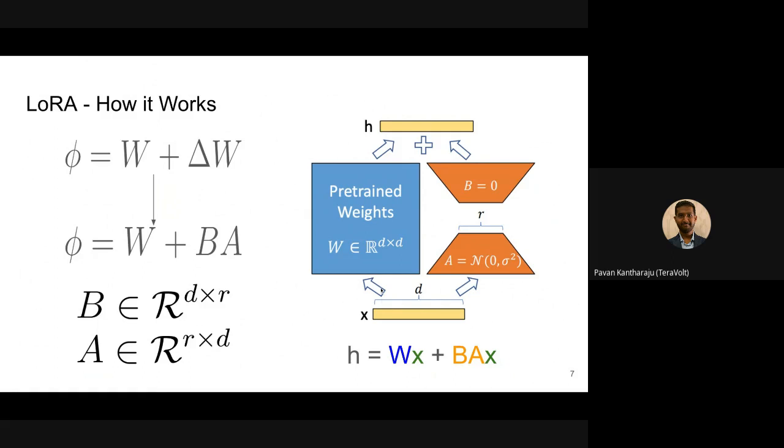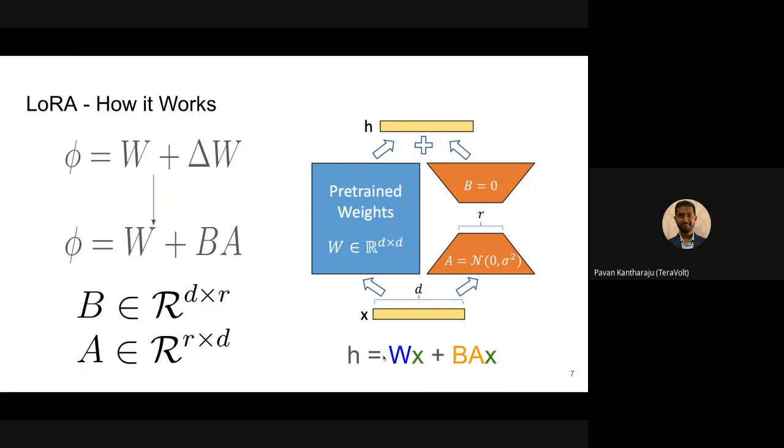Whenever you have a set of pre-trained weights you want to add LoRA to, you keep those pre-trained weights static, and then you add these matrices A and B. Whenever input comes in, you run it through the pre-trained weights, and you then run it through A first and then B, and you add the two together to get your output.